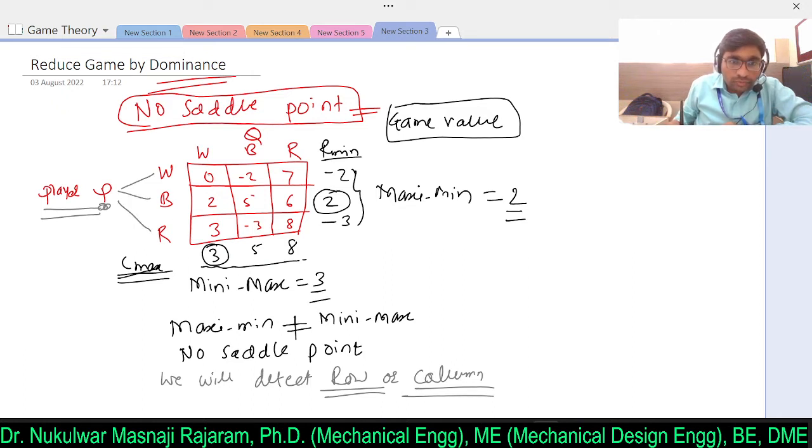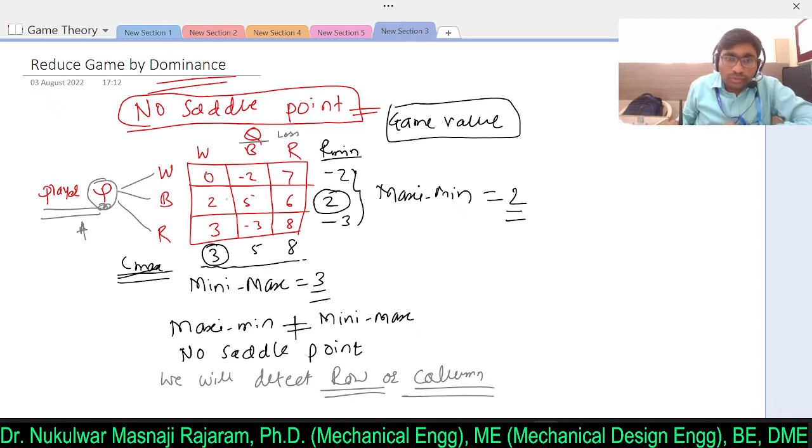Whatever positive value is there is a gain for player P and a loss for player Q. So what will be the strategy for player P? He wants maximum profit, so he will not play a strategy with smaller values. Likewise, player Q will think of minimum loss.